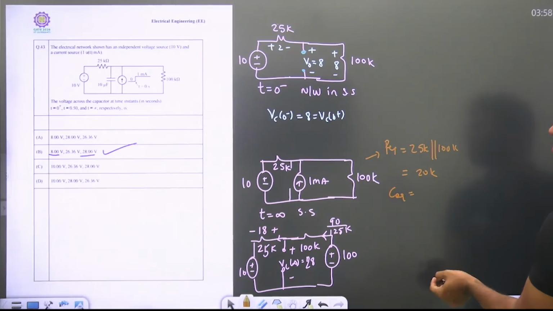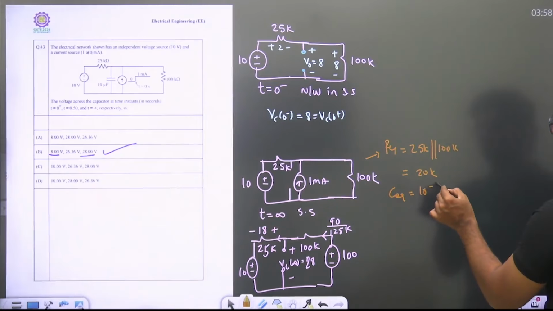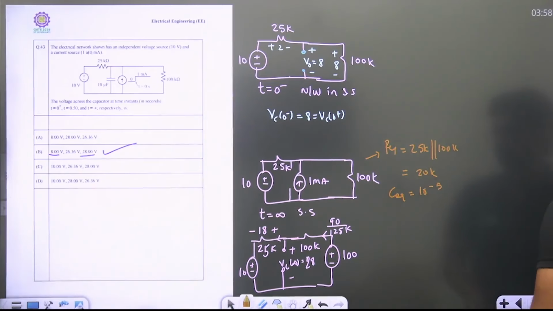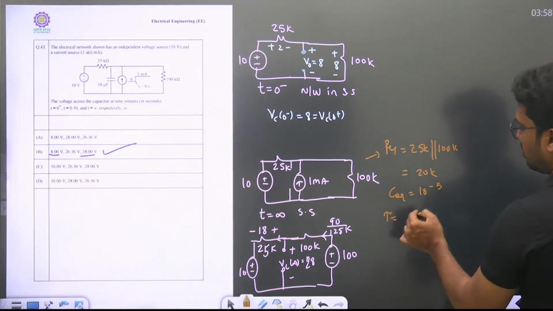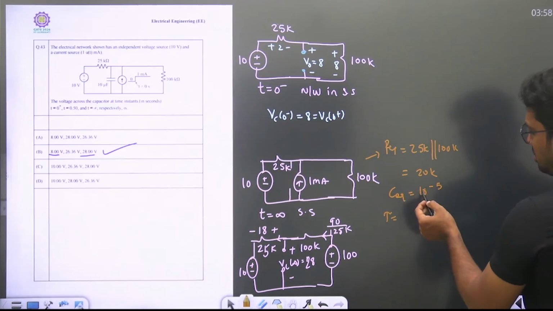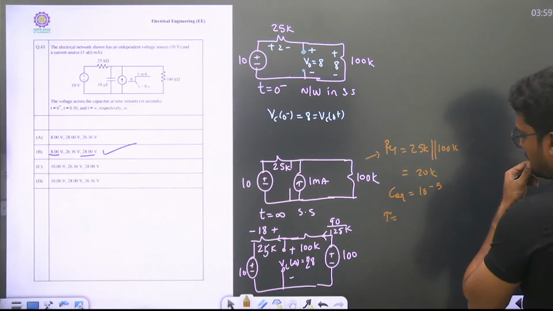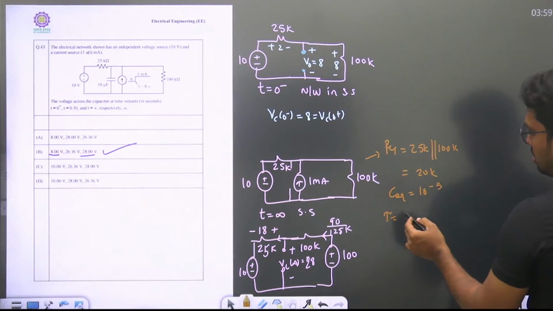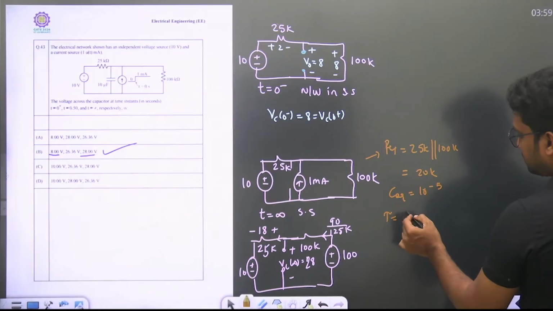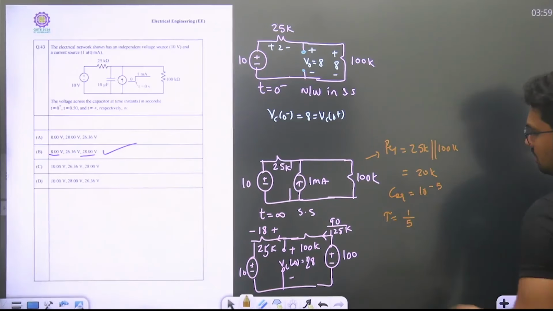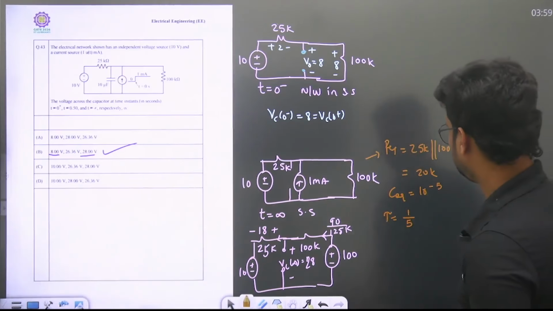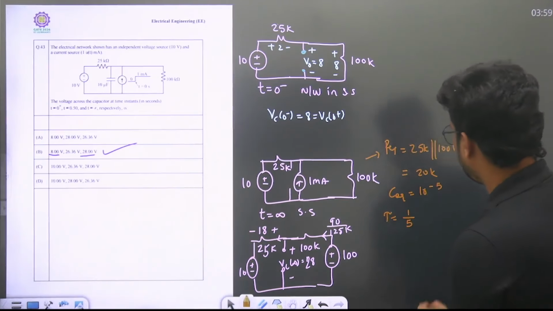C equivalent is 10 microfarad, 10 power minus 5. So tau is equal to, multiplying both of them, 20 into 10 power minus 2... so 0.2.